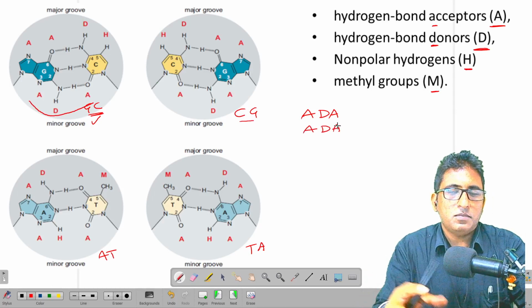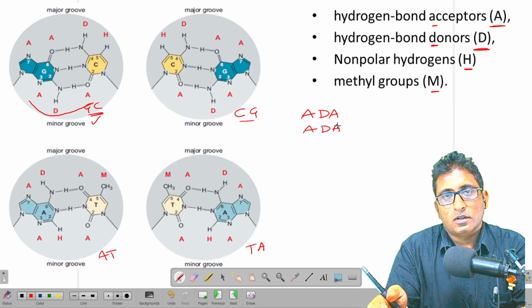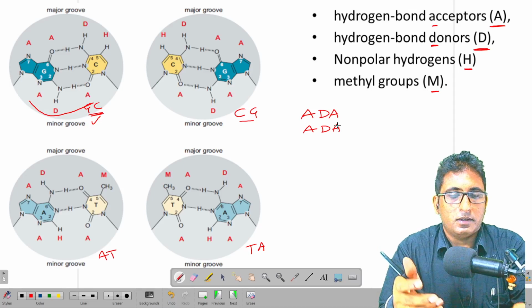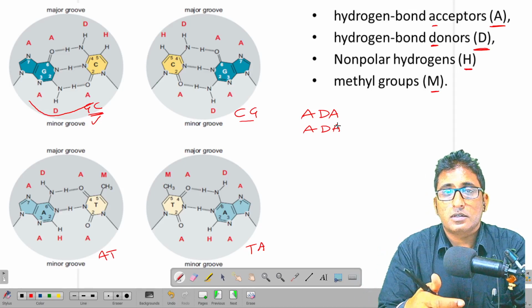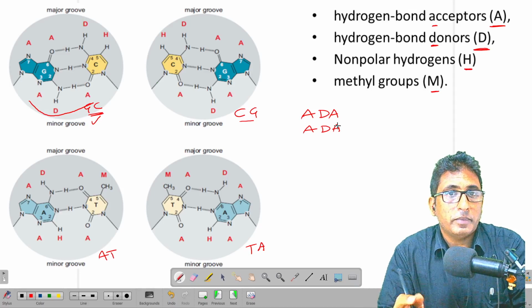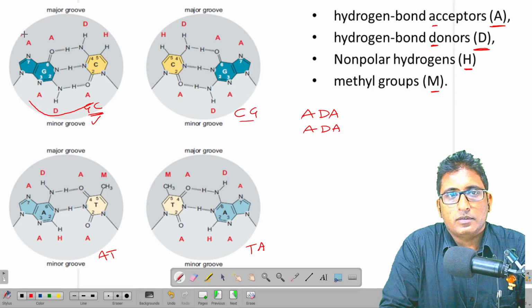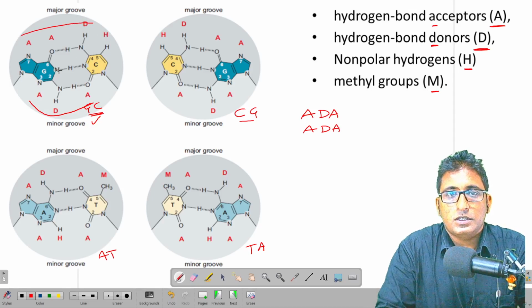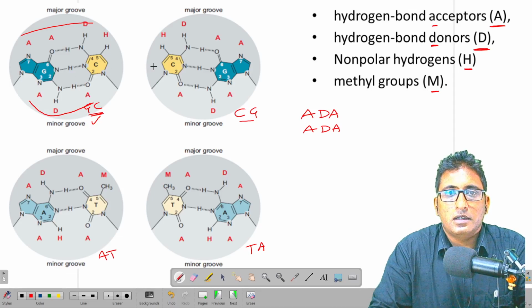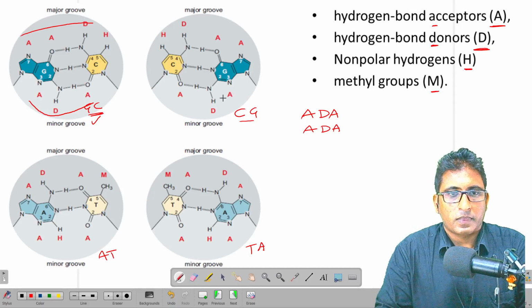So if any protein is interacting at that particular location, it cannot make out whether it is a GC base pair or a CG base pair from the minor groove. But if you look at the major groove, we have a difference: AADH if it is a GC base pair, and HDAA if it is a CG base pair.